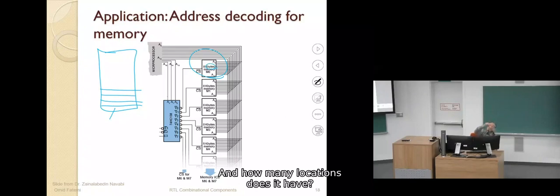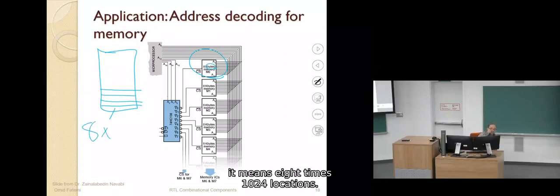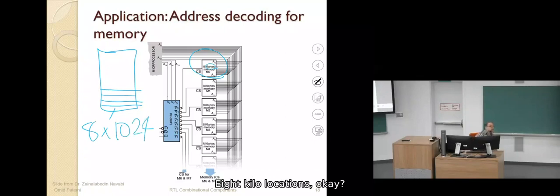And how many locations does it have? 8 kilo. 8 kilo locations. It means 8 times 1024 locations. 8 kilo locations. Okay? So this memory has 8K locations. Each location could keep an 8-bit number, 1 byte number.